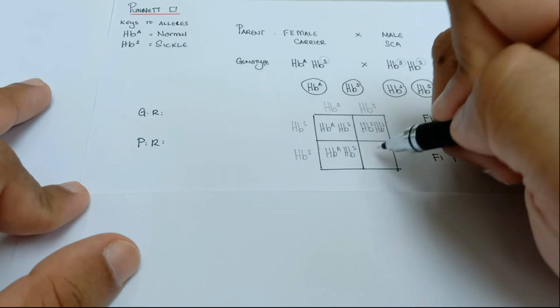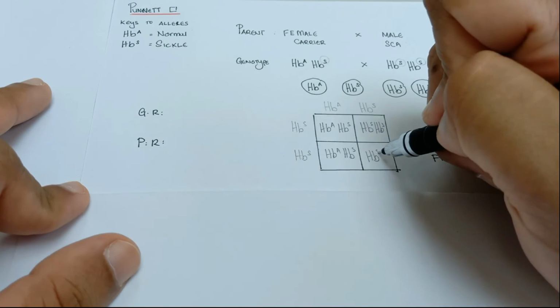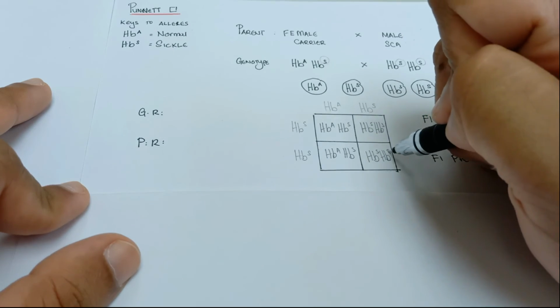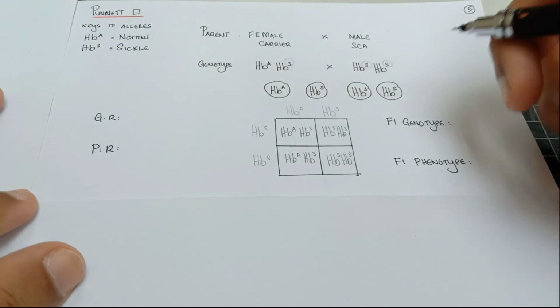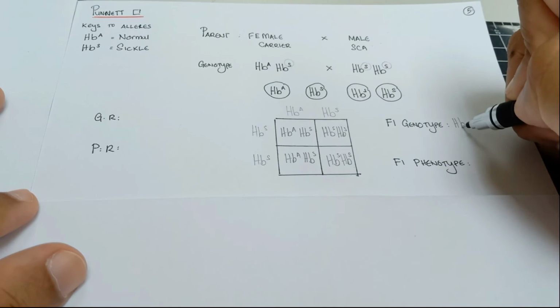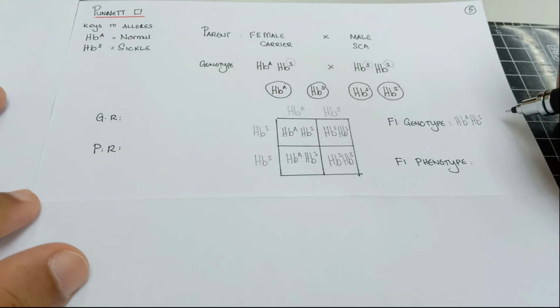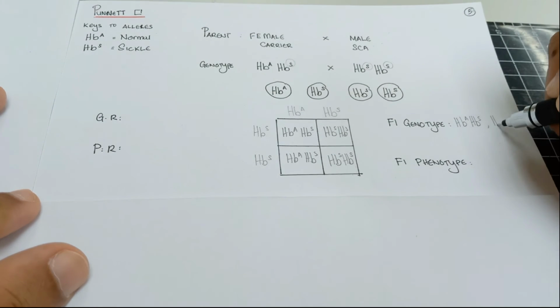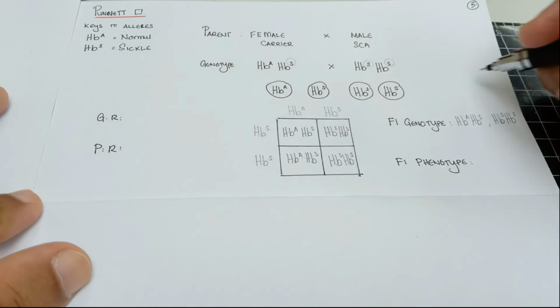The same goes here, H B lowercase s, H B lowercase s. Now, what are the genotypes? The only possible genotypes I have here are H B A, H B S, and also H B lowercase s, H B lowercase s.